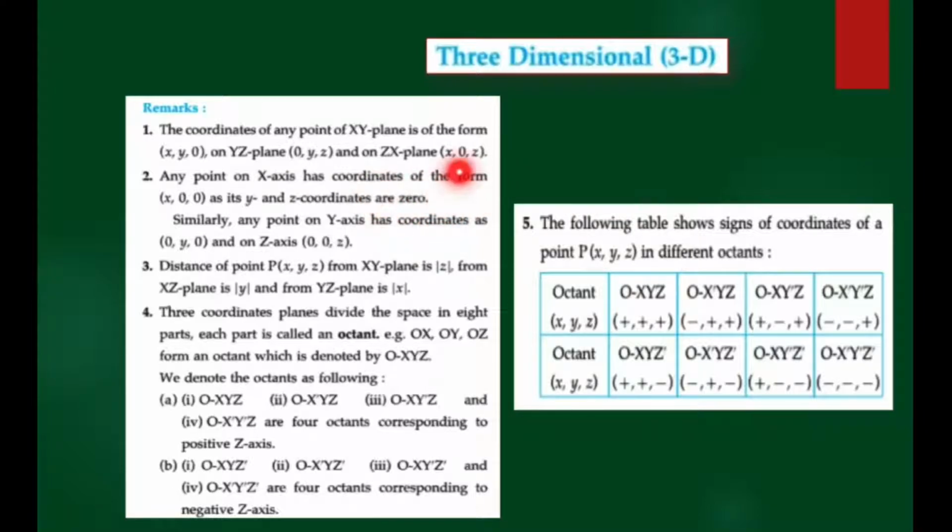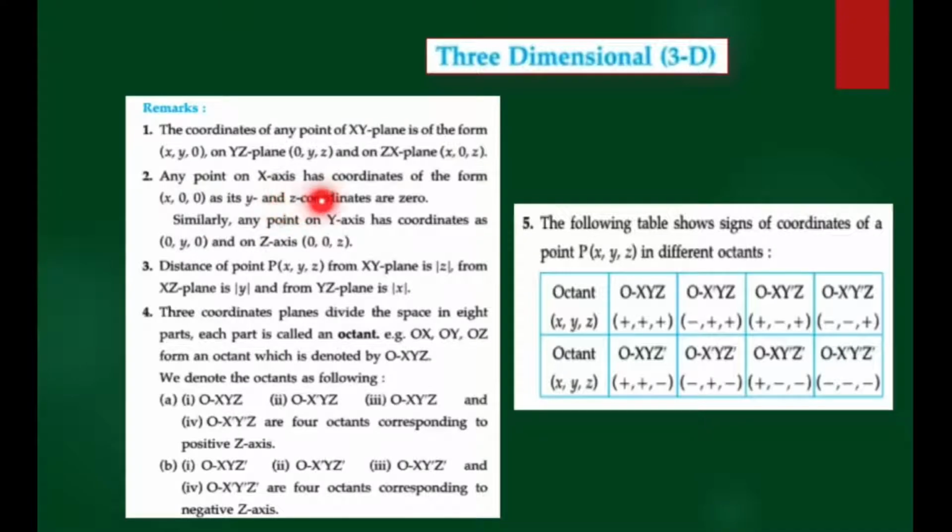So if you observe, when we consider a point in the xy plane, the coordinates of that point are x, y, 0. That means in the xy plane the z coordinate is 0. In the yz plane the x coordinate is 0. In the zx plane the y coordinate is 0.